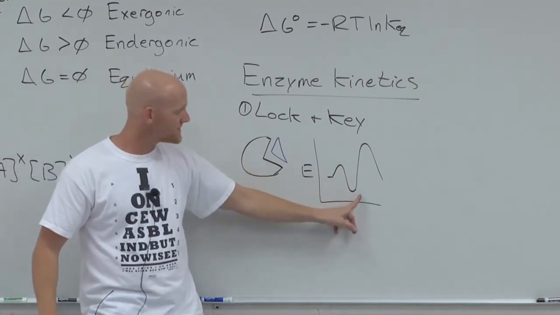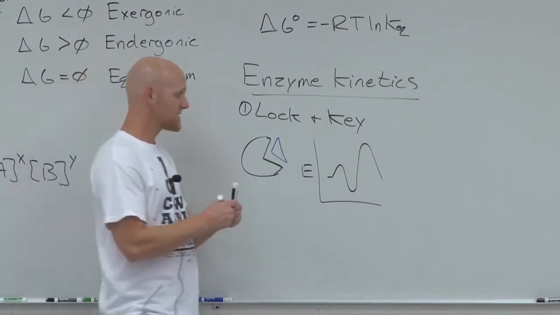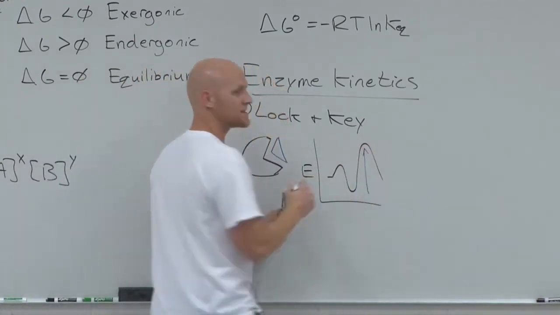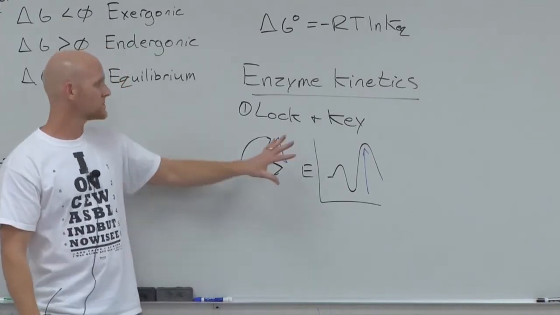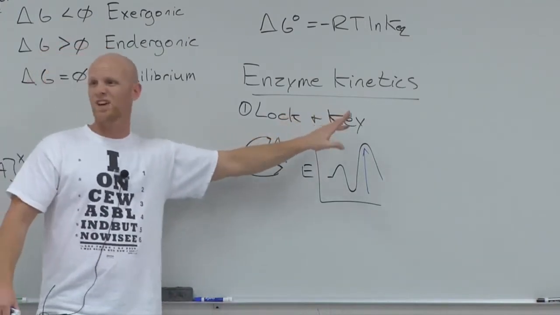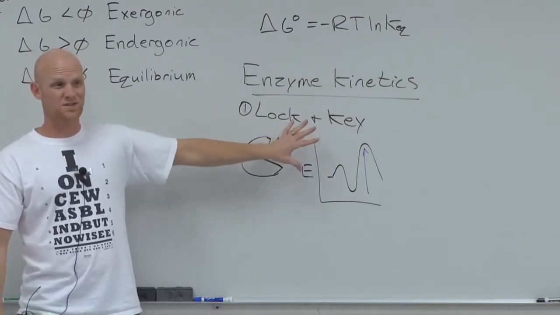What does that do to the activation energy of the next step, the catalytic step? Makes it higher. All of a sudden I've got a much higher activation energy as a result. Is that what enzymes do? No. So the lock and key model is historical. We keep it around because it's interesting, but it's an outdated, antiquated model now. We don't use it too much.